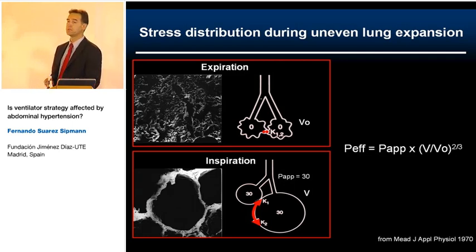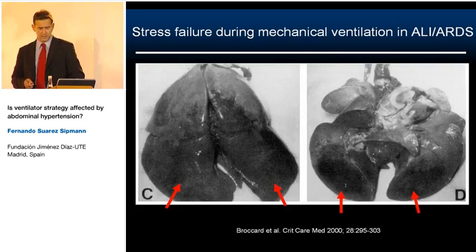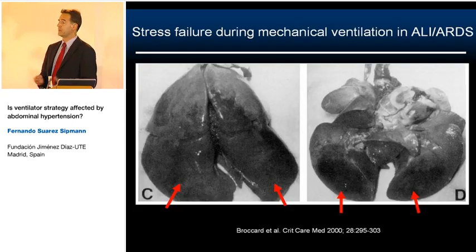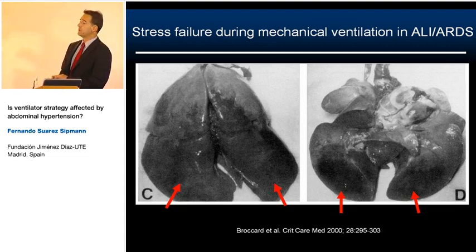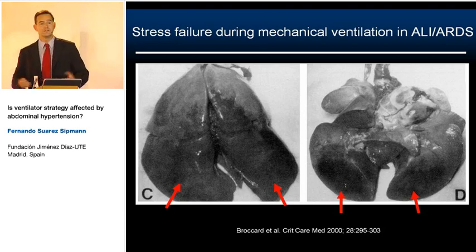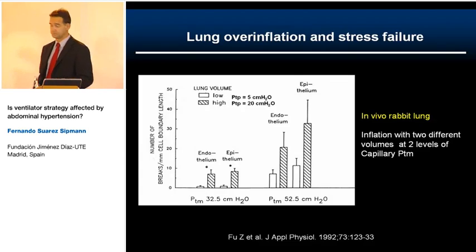So the risk of presenting capillary stress failure is high, and actually occurs. And the expression of that is the appearance of hemorrhage and lesions in the dependent portion of the lung, where the expression of these phenomena, of these amplifications of stresses, are maximum.